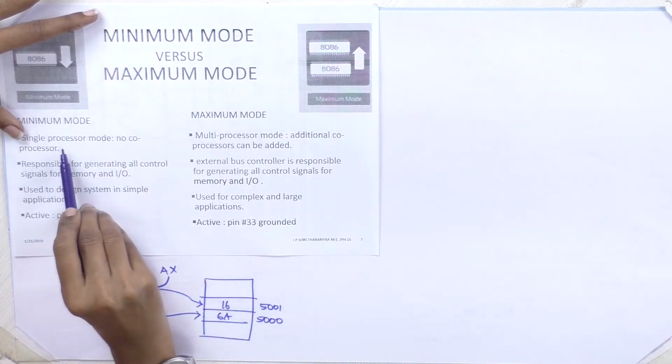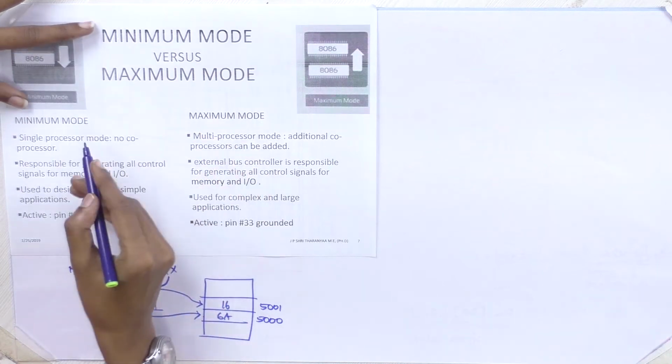To generate these control signals, we need separate hardware called a bus controller in maximum mode, whereas in minimum mode we do not require such external hardware. Fine, so we will see the differences.